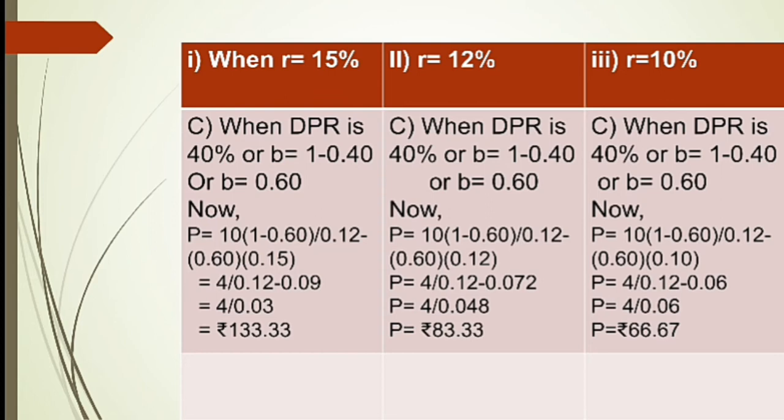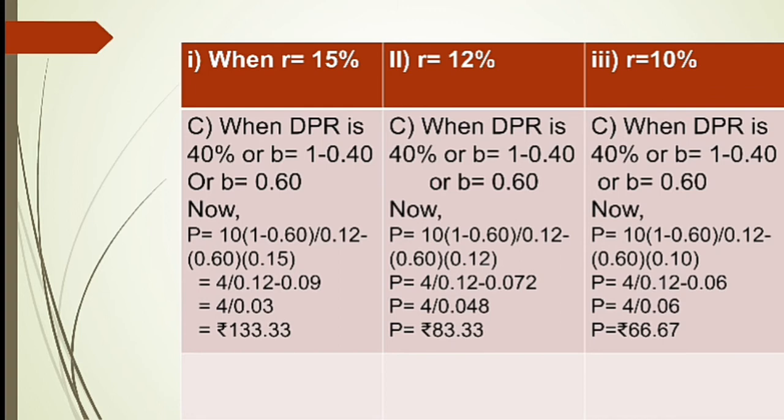Now we substitute all the values in the given formula. P equals 10 multiplied by 1 minus 0.60, divided by 0.12 minus 0.60 multiplied by 0.15. After solving the first line, 4 divided by 0.12 minus 0.09, and then 4 divided by 0.03.